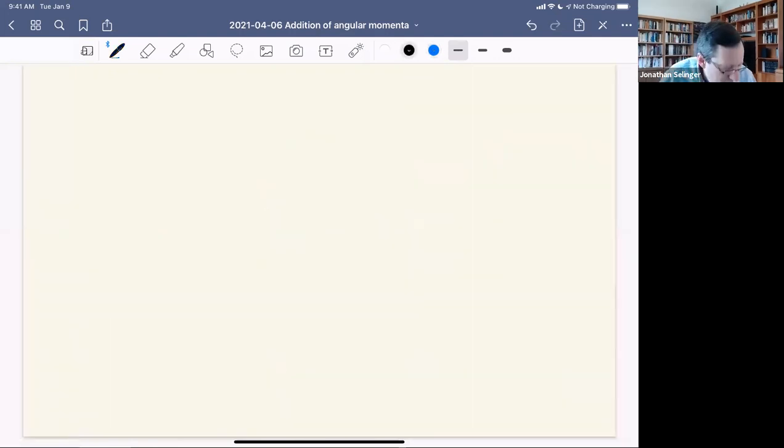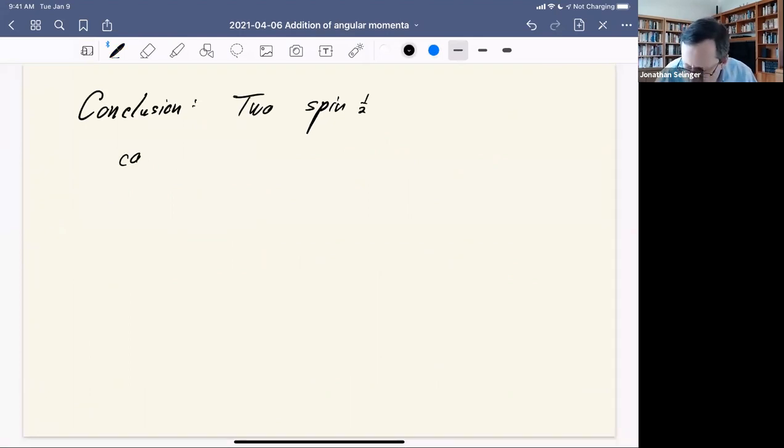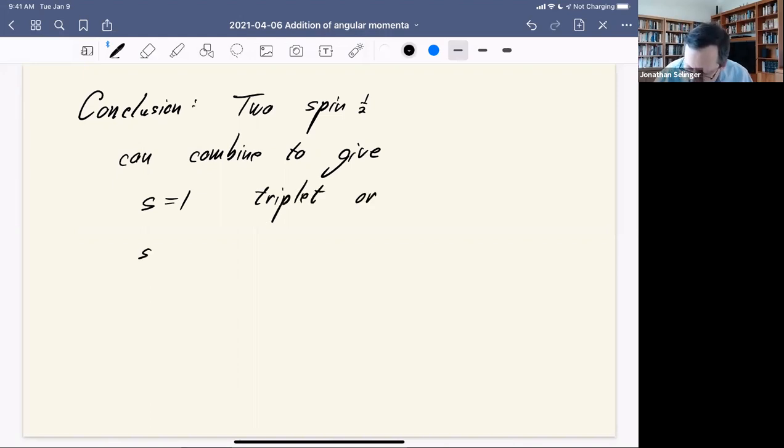So the general conclusion of this is that 2 of spin a half can combine to give an S equals 1 triplet or an S equals 0 singlet. Okay.